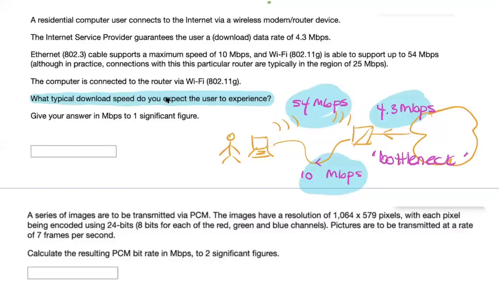So the lowest is 4.3. So the connection is determined by that. Okay, so if instead of being 10, that was 3, then the speed would be determined by that. So in this case, we're interested in the 4.3 because that's the smallest. So to one significant figure, 4.3 is just 4. Okay, so that's the answer I'd expect for this.